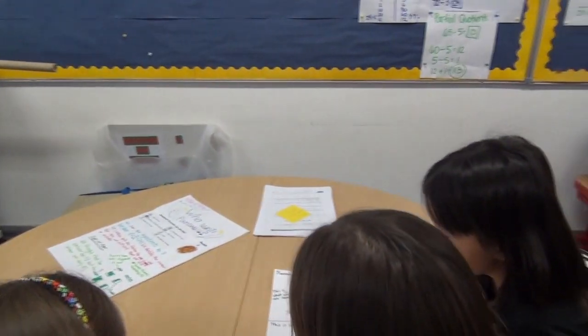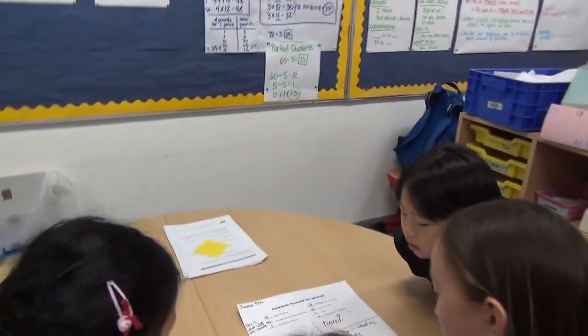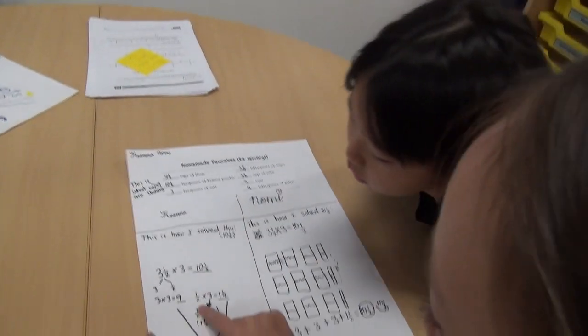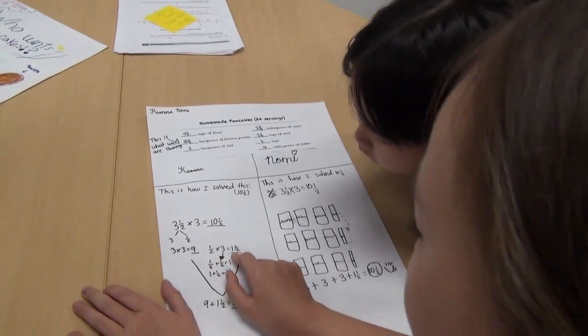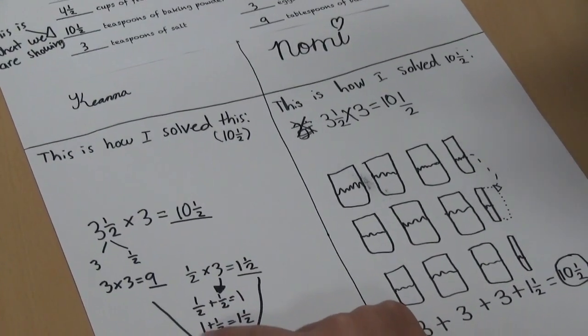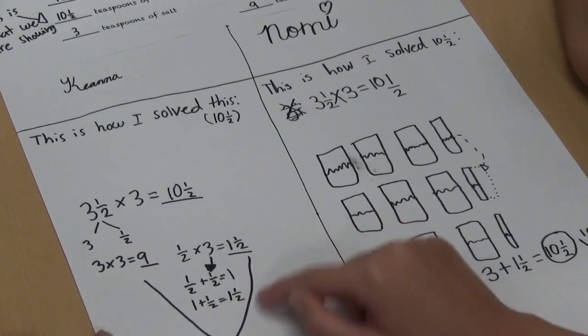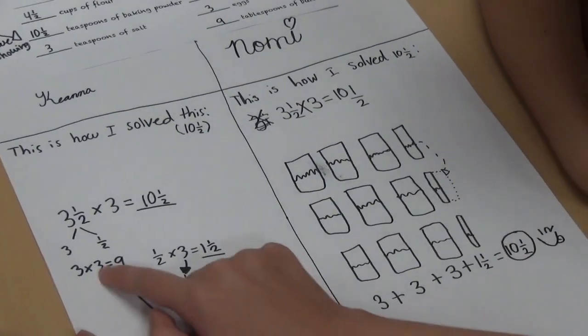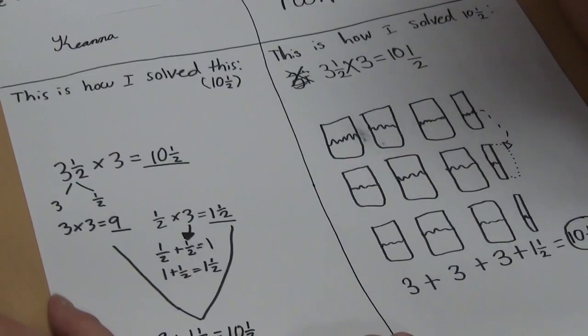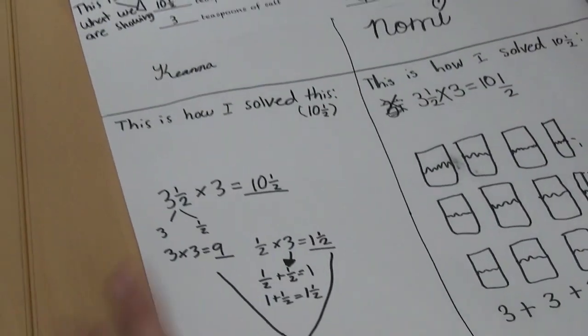I split the 3 wholes into a half, and then 3 times 3 equals 9, and a half times 3 equals 1.5, and this is how I solved that. Then I put those together, which is 9 plus 1.5 equals 10.5.